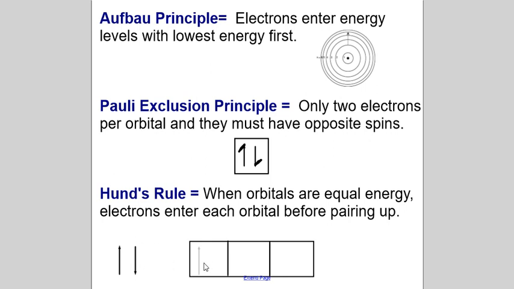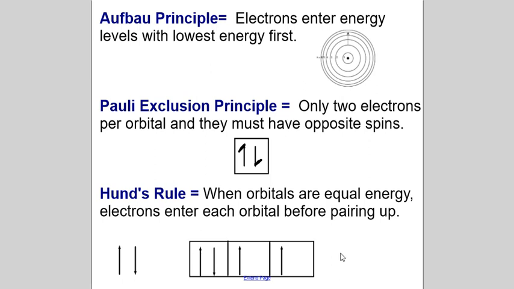So if I'm filling this whole thing in, well, I can put one up arrow here. If another electron comes in, it can try to sit right here next to this one, but honestly, it's going to want to pick a farther spot because they're open. So it will fill in here and then fill in here. So you'll occupy all three orbits before you go back and fill them. So now I can go in and start pairing them up.